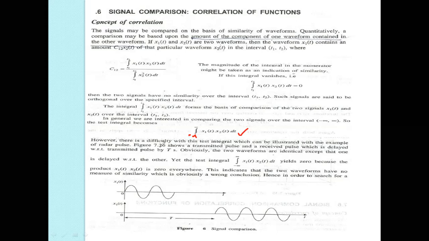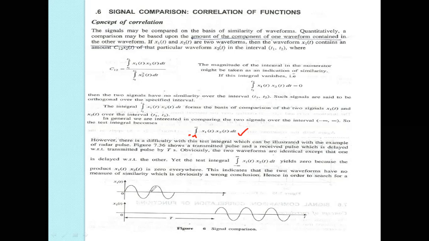Now, however, there is a difficulty with this test integral, which can be illustrated with an example, a radar pulse. In the figure shown here, the radar pulse shows a transmitted pulse and a received pulse which is delayed. See, actually, this is a signal, my dear students.